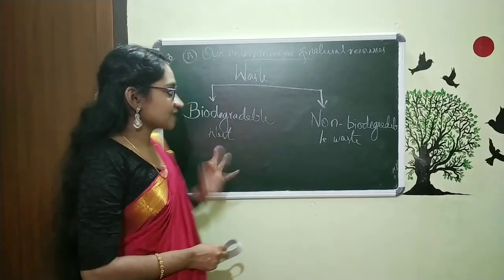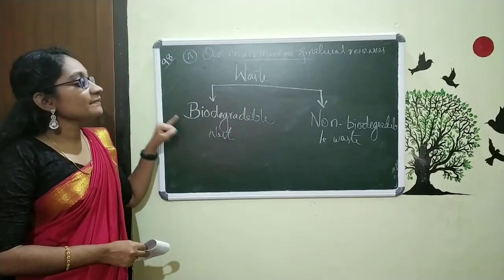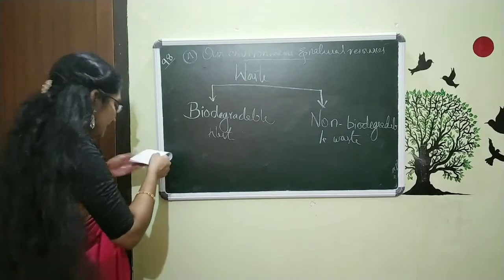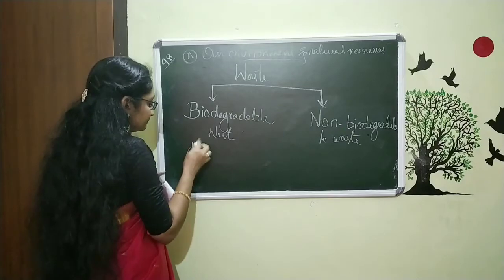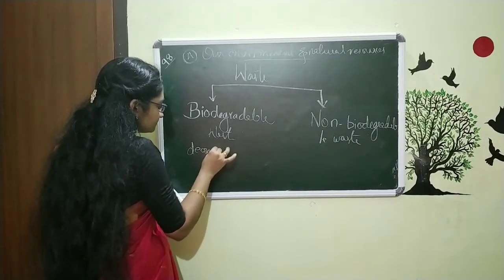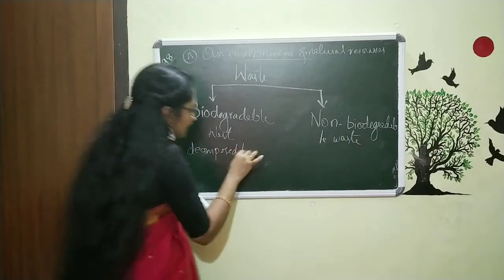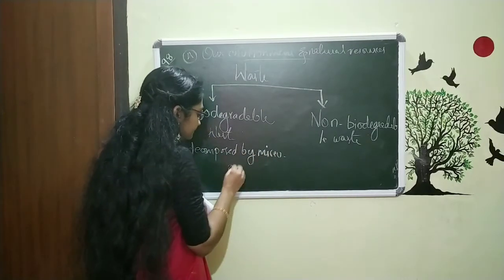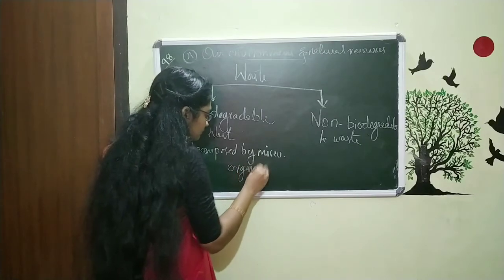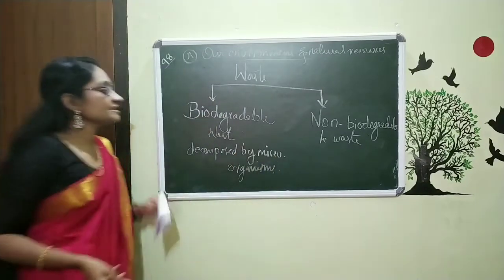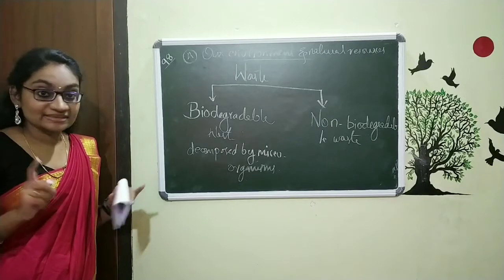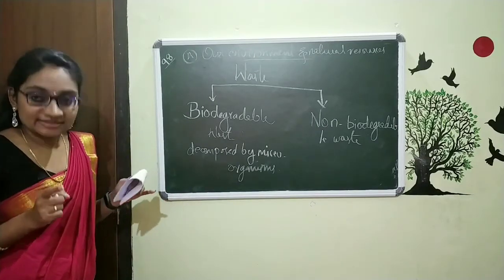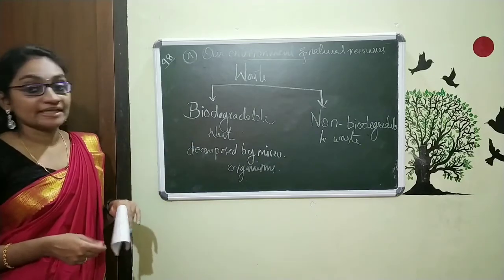Biodegradable waste can be degraded. That means it can be decomposed by microorganisms. So biodegradable waste is the waste which can be decomposed by microorganisms. That is biodegradable waste.